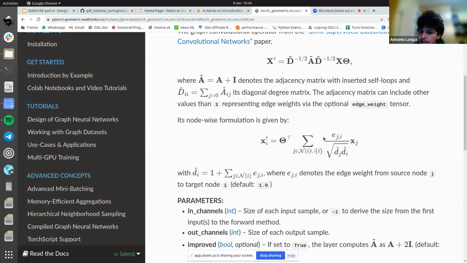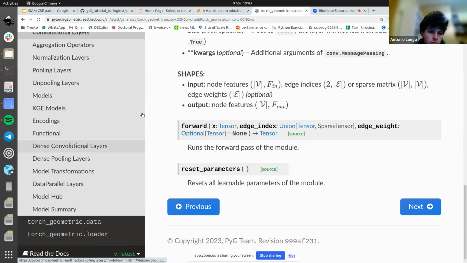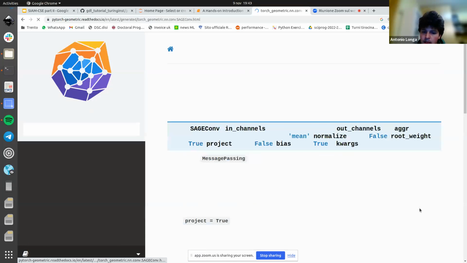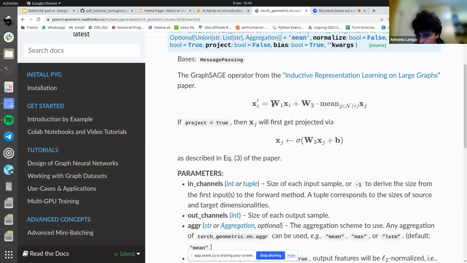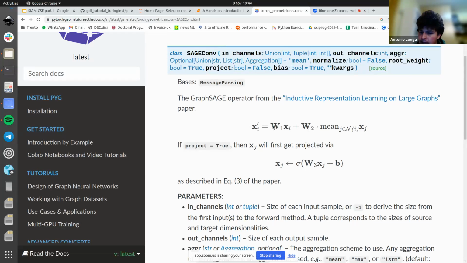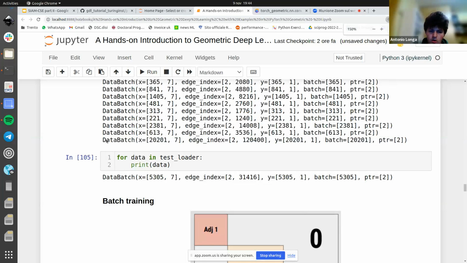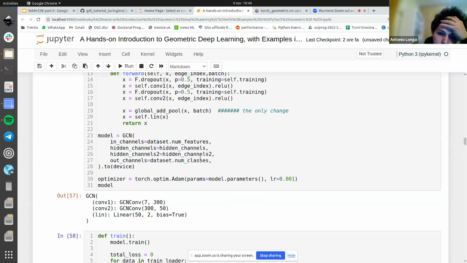While if we move to GraphSAGE, which is not Chebyshev but this one, it has different weight matrices for the features of the node and another weight matrix for the neighborhood. What does it mean? Let me go back to this figure here.